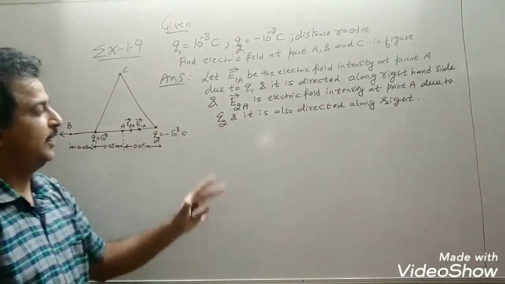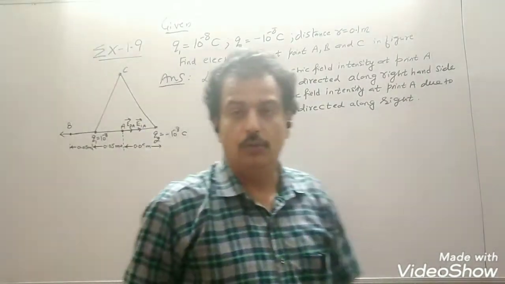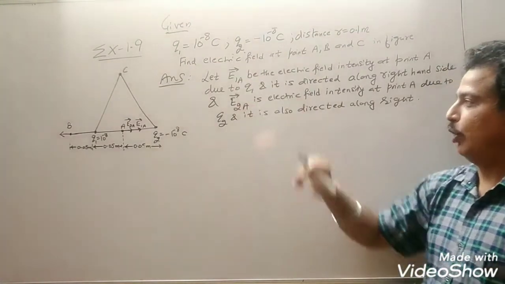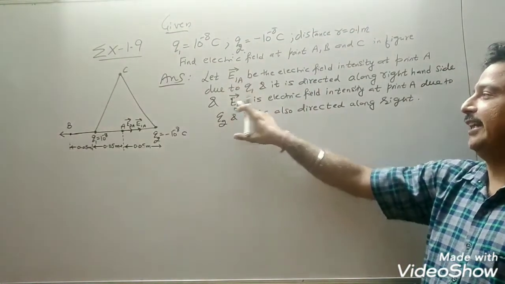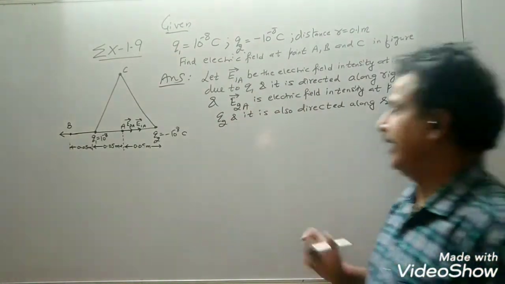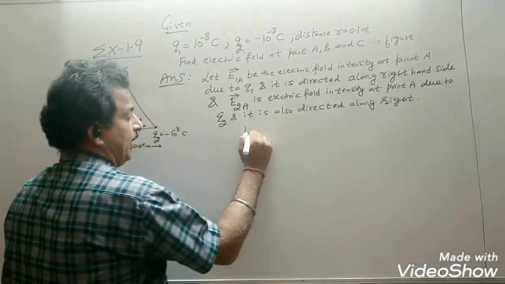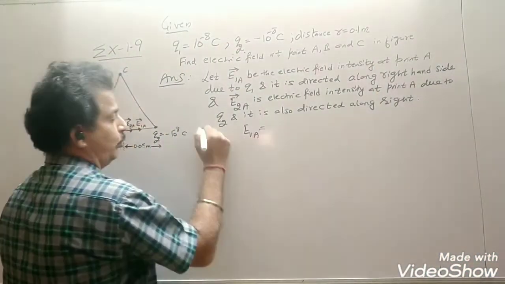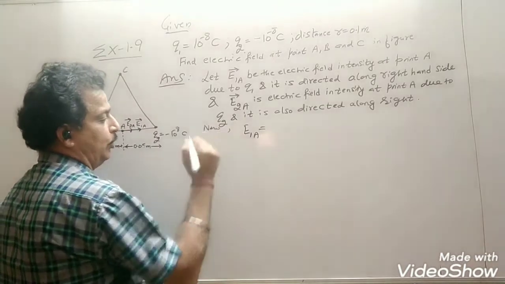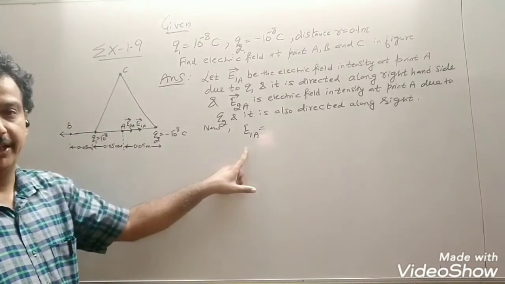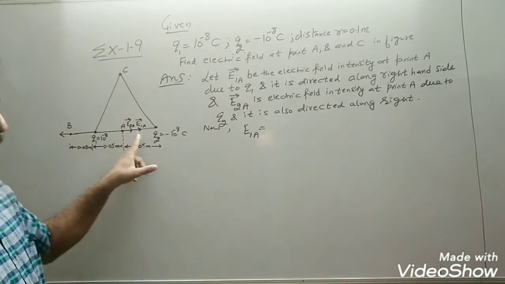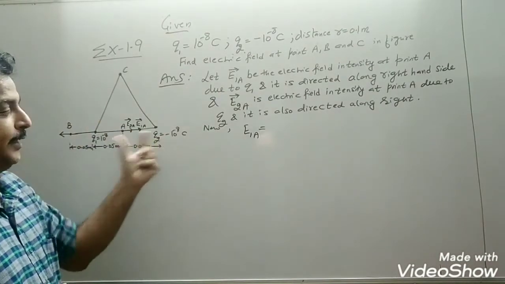So in terms of theory, we give the symbols E1A and E2A. Now let us check the magnitudes. So E1A is equal to, I am checking the magnitude, the direction is clear from the diagram, it is towards Q2 or the right hand side.